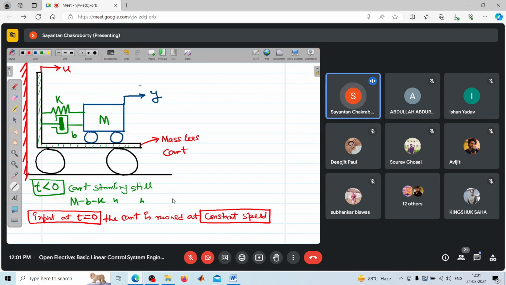So what you can say is that the total force equation for this translational system should balance each other.